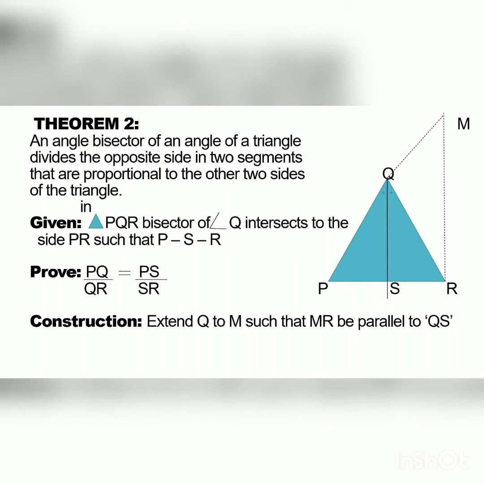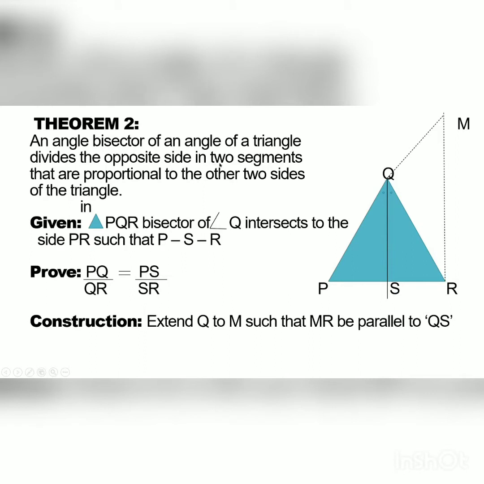Our theorem is: an angle bisector of an angle of a triangle divides the opposite side in two segments that are proportional to the other two sides of the triangle. Means any bisector of a given triangle divides the opposite side in two segments.